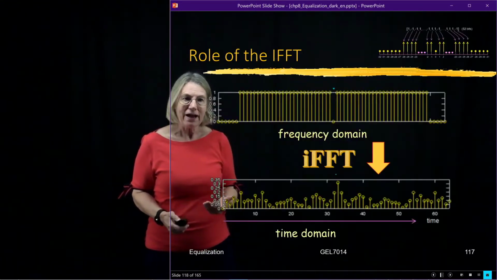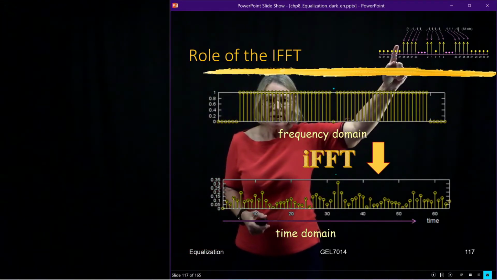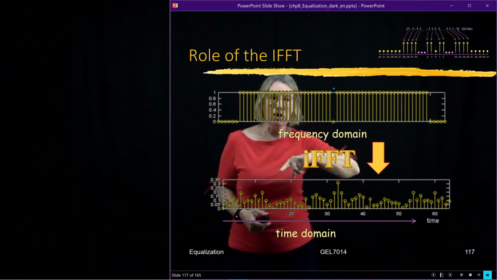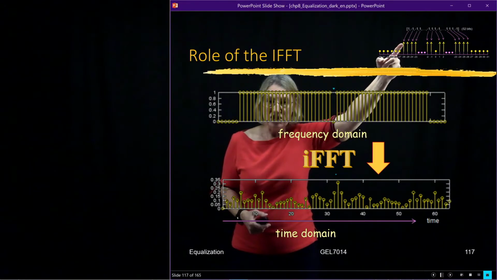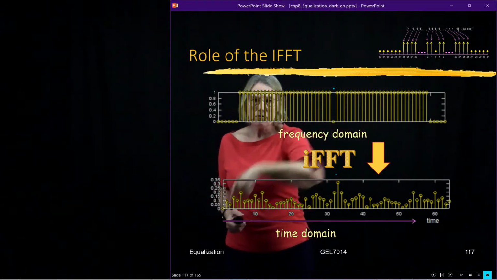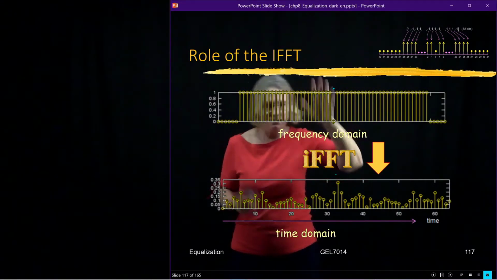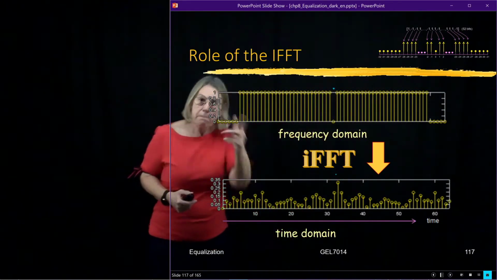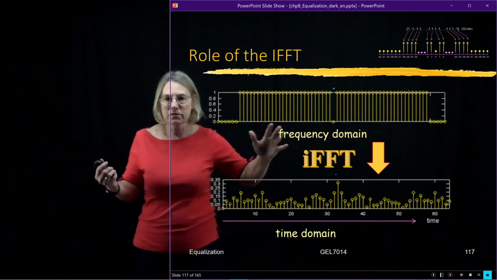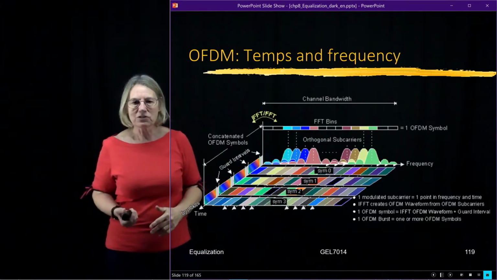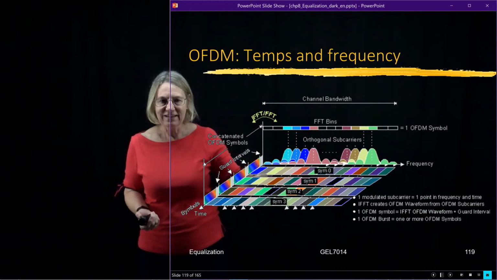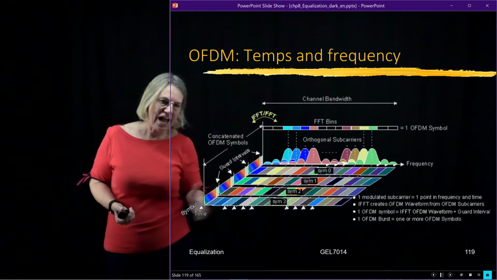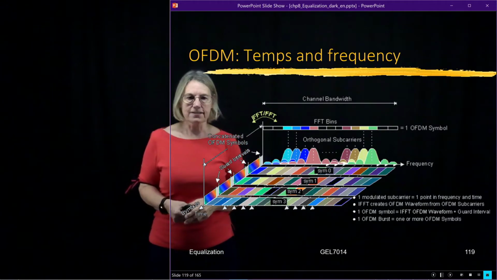Because if I go back here, during the whole transmission time, in the frequency domain the symbol is not changing. Although the time domain signal is going every which way, in the frequency domain my symbol stays the same during the whole symbol transmission, which is why we get these individual colors that stay the same when I look along the frequency axis.